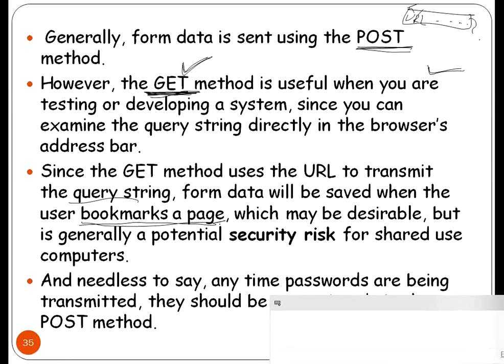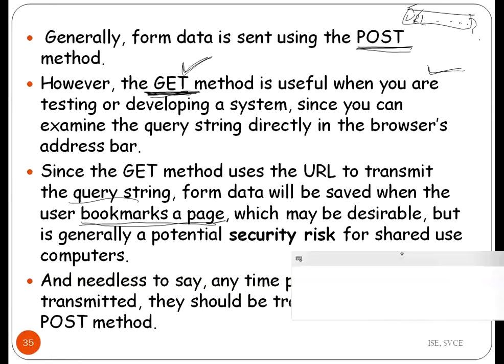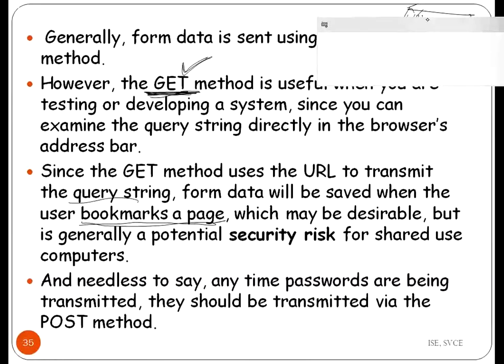For that reason, we should not use it when sharing a password or any credential information. Whenever you are submitting a password, or the form is carrying password information, it is compulsory to go with the post method.